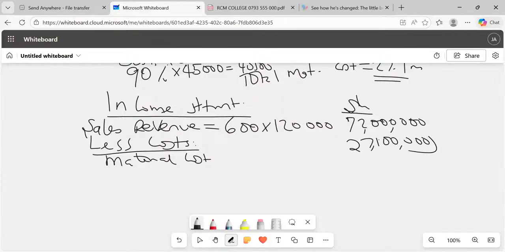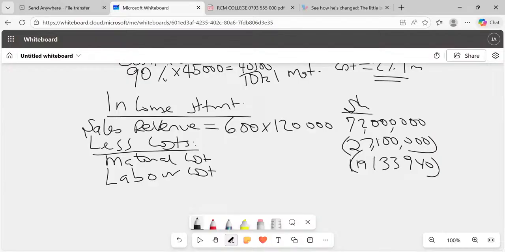Thank you so much. Then we have labor cost. Fortunately, we have everything. Labor cost, 19 million, 133,940.